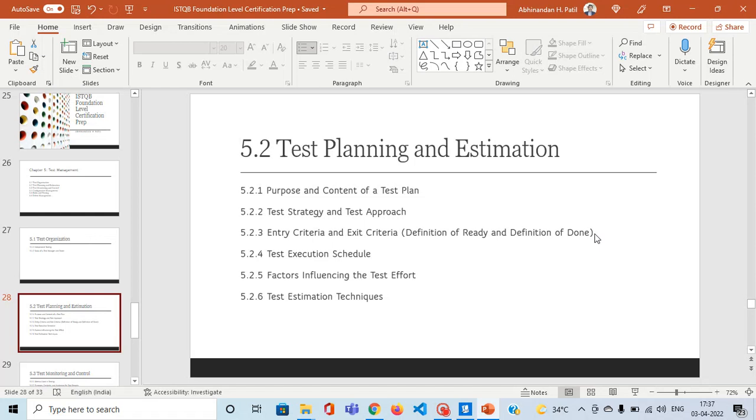And then we also check whether necessary tools are there or not, and test data is there or not. And what are the exit criteria? So when do we conclude that particular activity? Either the planned tests have been executed, whatever tests were planned are executed, or the required coverage is met.